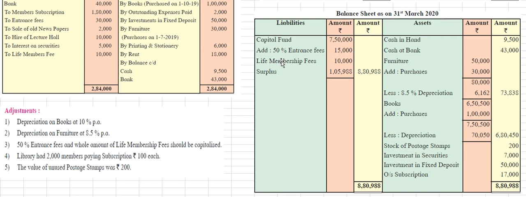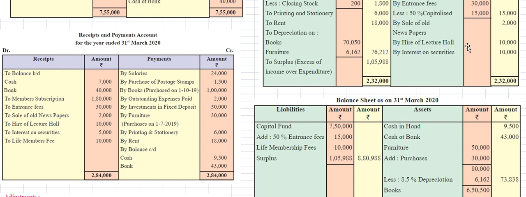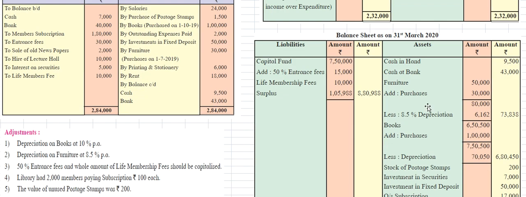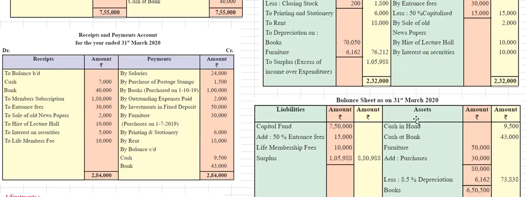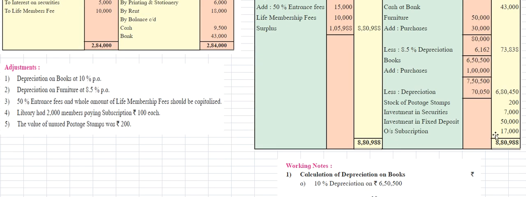And capital fund is, then here we are completed with the asset side entries. Then outstanding subscription 17,000 rupees, that is coming here. So the outstanding subscription amount is 17,000, we are taking it here.